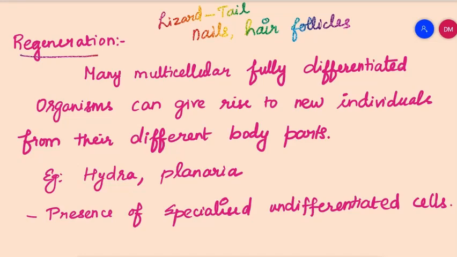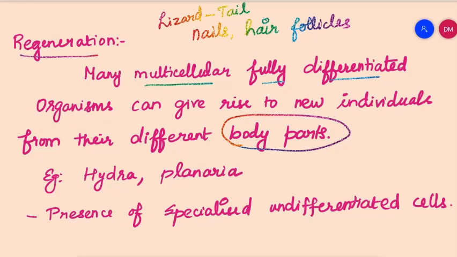But in the case of many lower level organisms, the power of regeneration is such that it can give rise to a whole organism, which means certain multicellular, fully differentiated organisms can give rise to a new individual from any of their body parts, say head, abdomen, tail, or whichever body part, when there happens to be any accidental cut, they can give rise to a whole organism.